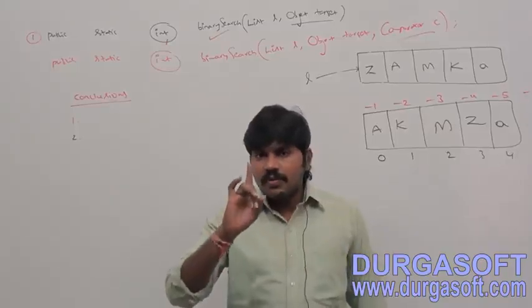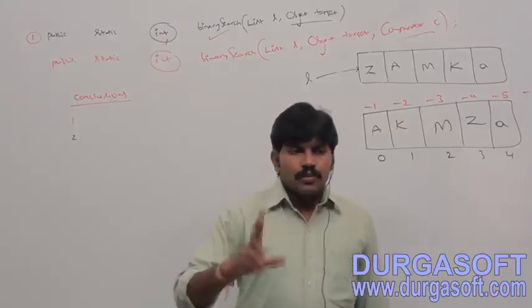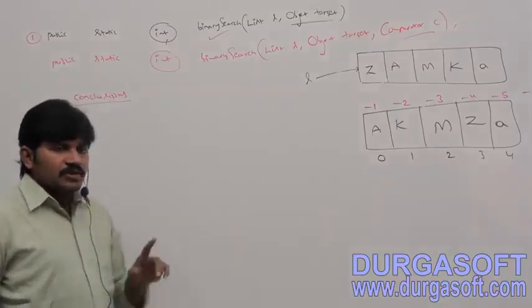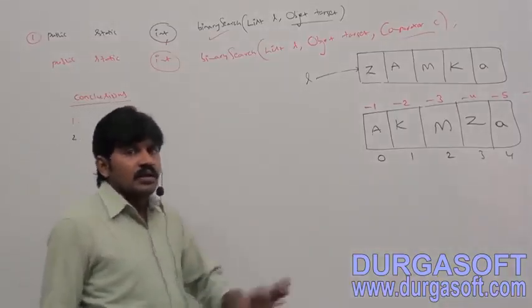Next, have you remembered one point we covered? Before calling a binary search method, the list should compulsorily be sorted, otherwise we will get what?